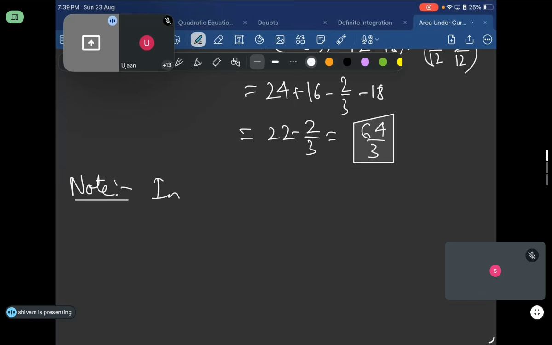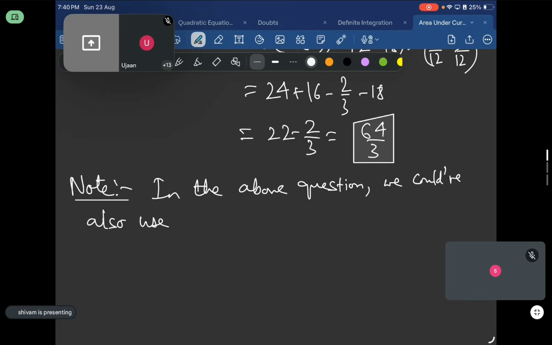So in the above question, we could have also used the parametric form of parabola.